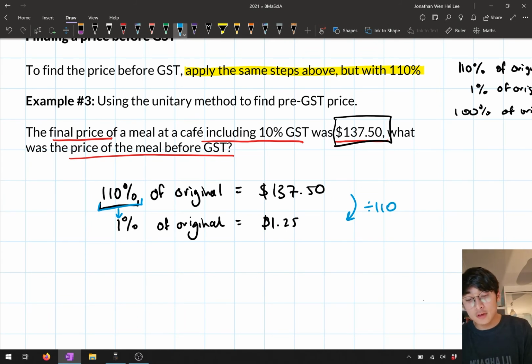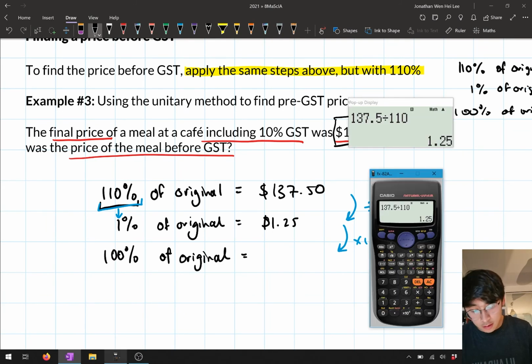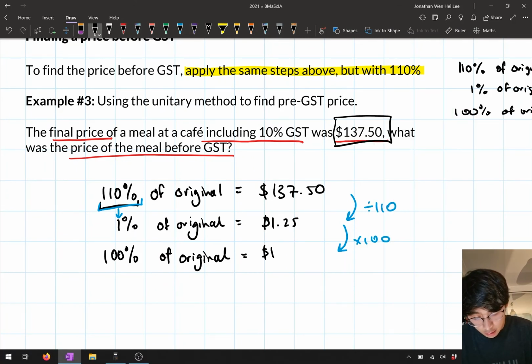Okay, then the final step is I want to find the total price of the meal before GST. So I just need to times this all back up to 100 to get 100%. Okay, so here I'm going to times this by 100, so 100% of original is equal to, so let's times this number by 100 and get $125.